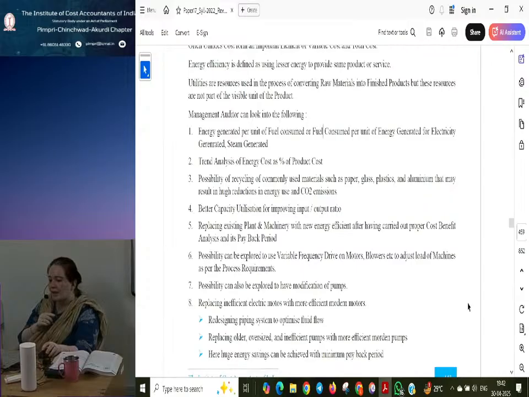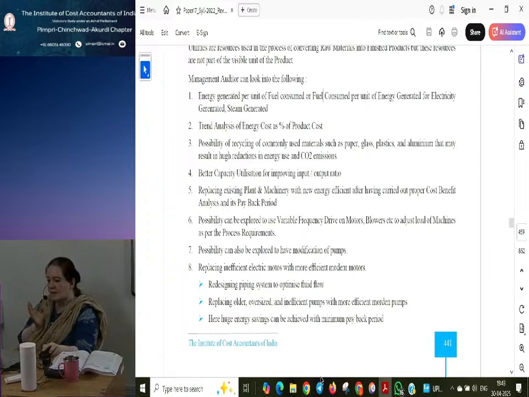Possibility can also be explored to modify pumps and to use variable frequency drives on the motors, blowers, etc. This will make it more energy efficient, that is, lower on the power consumption side, and replacing the inefficient electric motors. The efficiency of the motors also needs to be gauged across a period of time, as the efficiency of the engines does come down, so that needs to be changed.